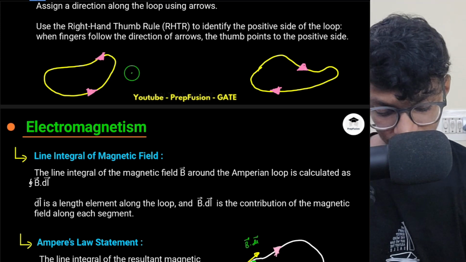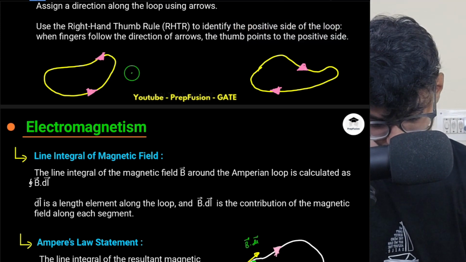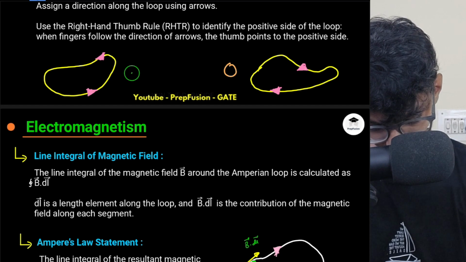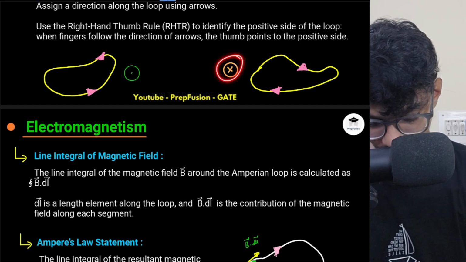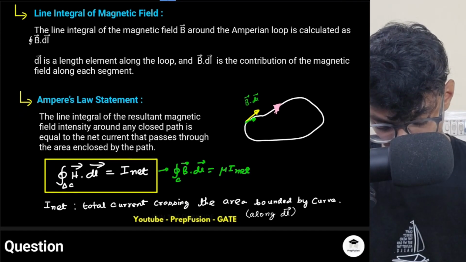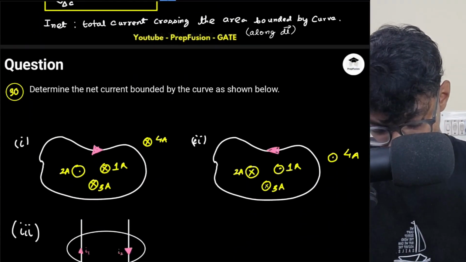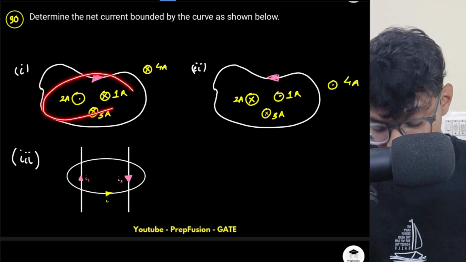So if it is going into the screen, the positive direction for this case will be simply a cross, and for the other it will be simply a dot.